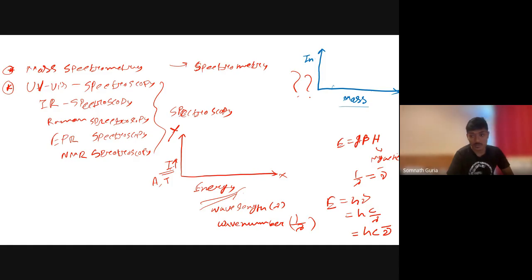In EPR, we are changing the electronic spin state. In NMR, we are changing the nuclear spin state. There is a fundamental difference over there. First of all, we have to look into this: in NMR, we are changing the nuclear spin state, the nuclear magnetic state.